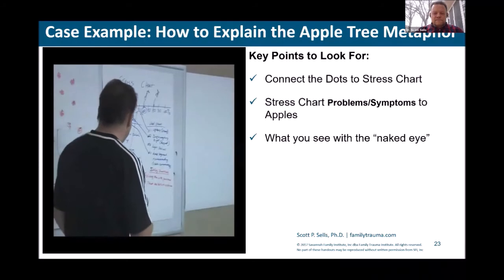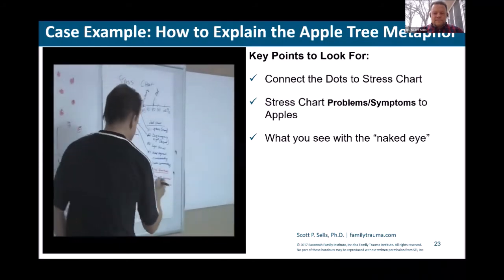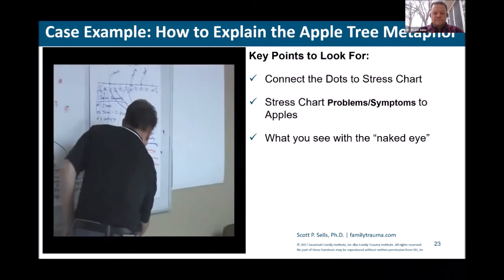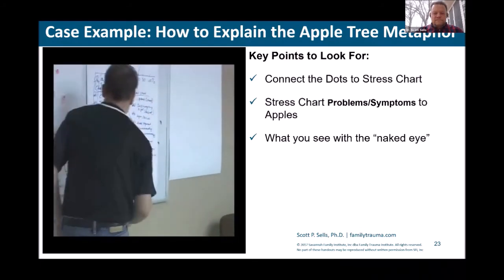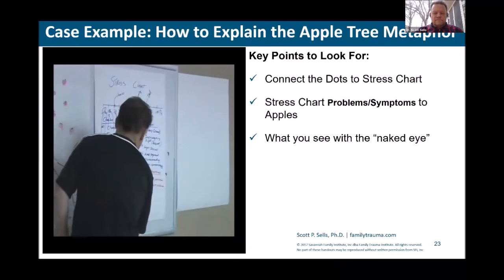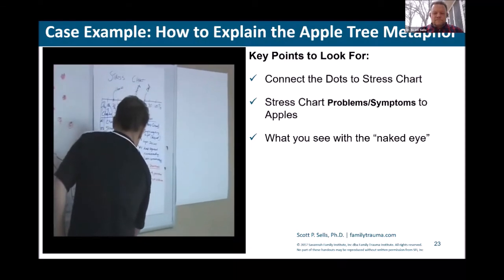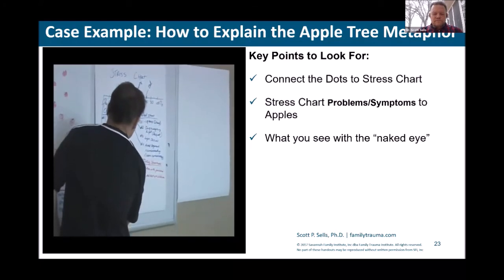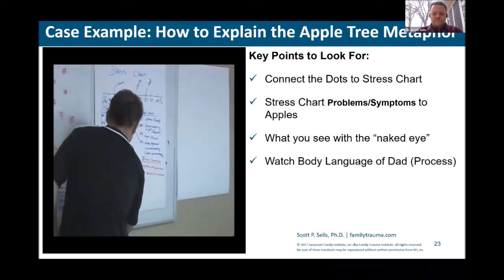So if I went to your house, I could see aggression, right? So that's one apple. Fighting. I could also see the chores, you guys arguing over chores. I could also see disrespect.